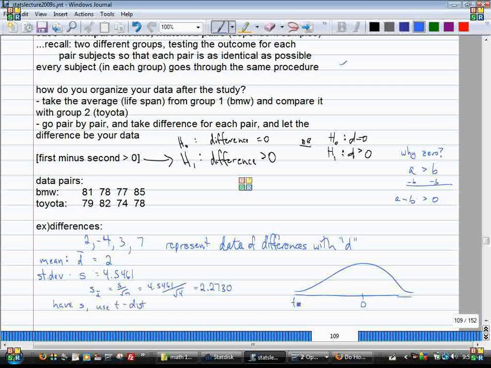Okay. So these are T-scores. And what else should we mark off? For D bar, what number goes in the middle? Remember, this is a hypothesis test. So what number goes in the middle? 0. Which 0? The 0 from the hypothesis.